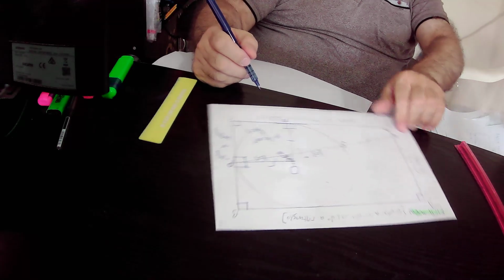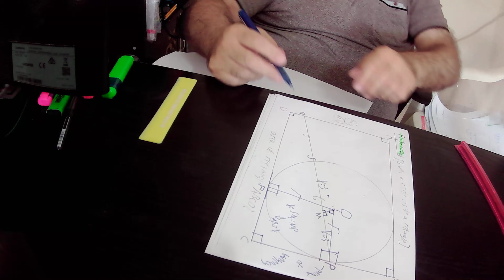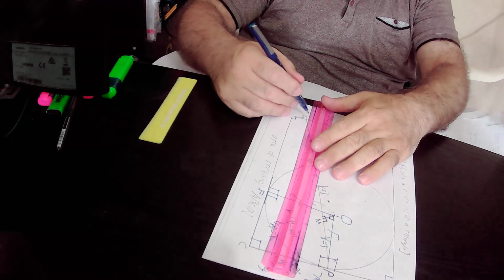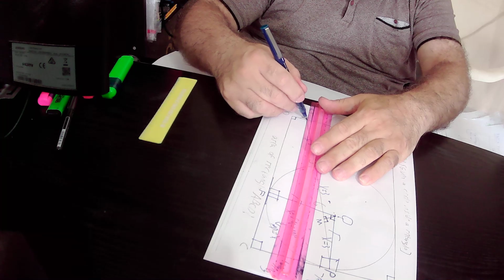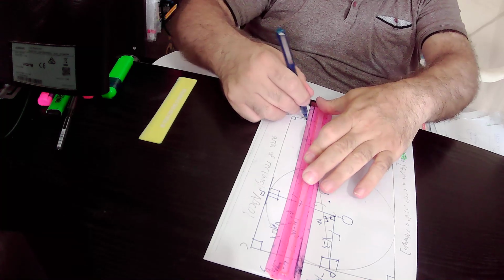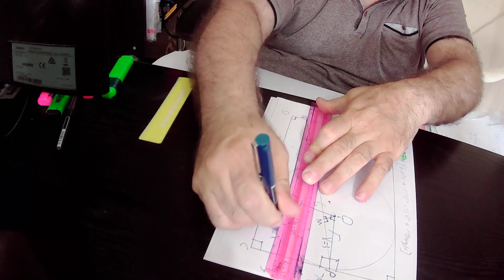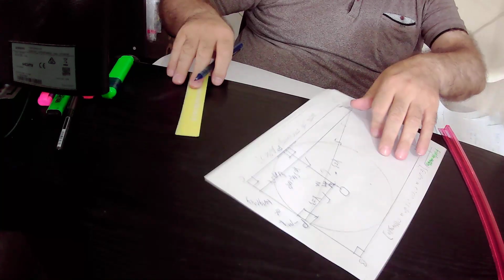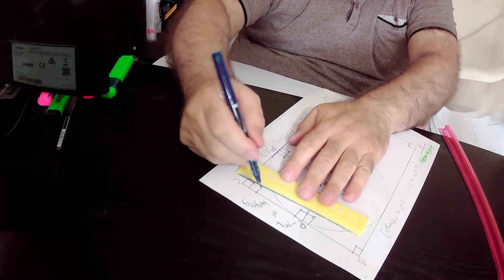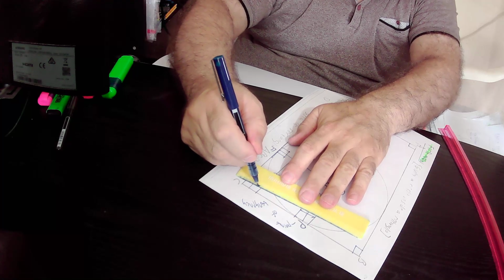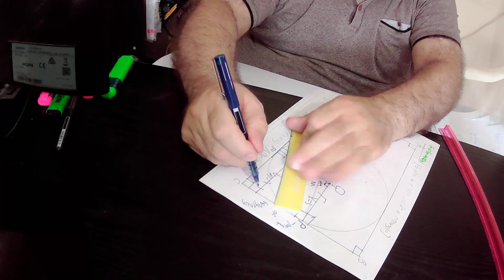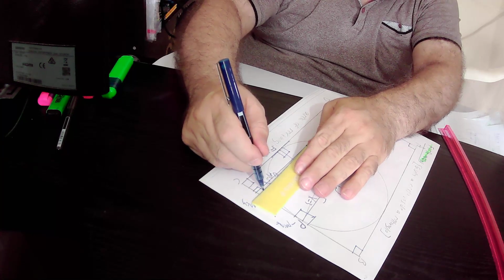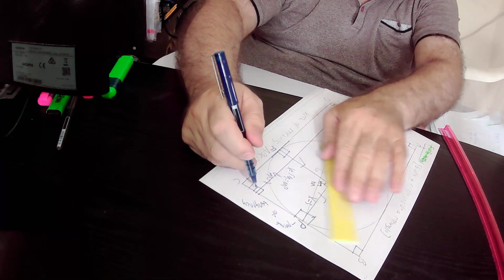In the next step, from point Q, we'll draw a perpendicular on BC. That is to say, here, this angle is equal to 90 degrees according to our construction, and this angle also equals 90 degrees according to our construction.